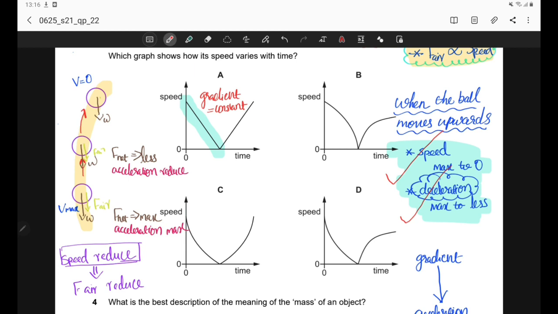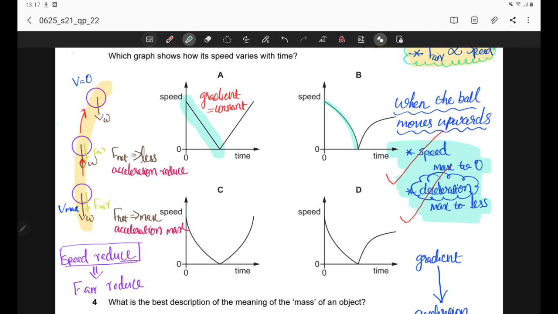So it's not satisfying the conditions which we have discussed. Therefore, the first option is wrong. Now we can look at the second graph, where you can see speed is reducing from maximum to 0. So the first condition is satisfied, and for the second condition, the acceleration or the gradient of the graph should reduce from a maximum to a minimum. So let's check the gradient.